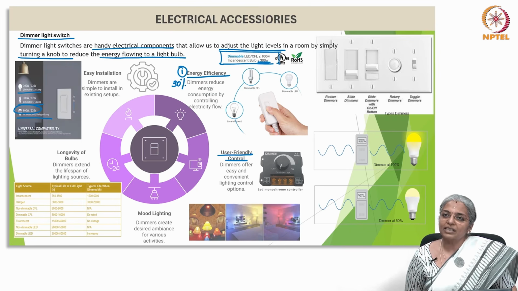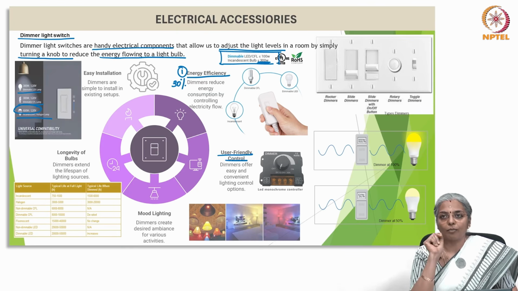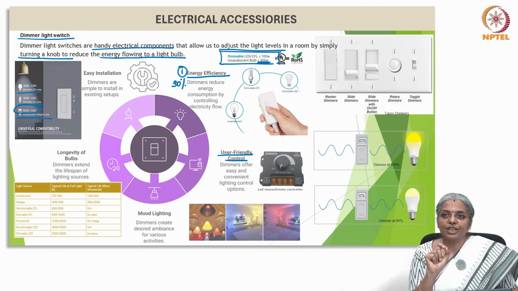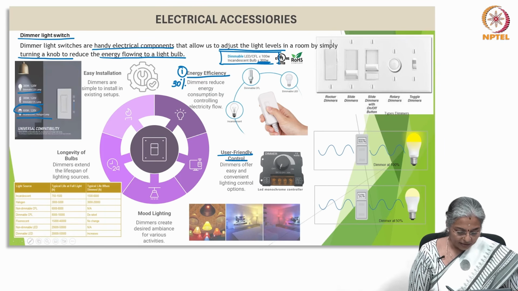Sometimes a much simpler mechanism is incorporated by using a knob. In addition to that, dimmer switches these days are designed with remote control mechanism, and that makes it even more convenient to the user.